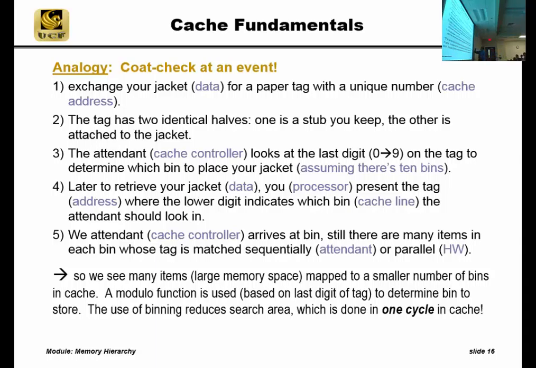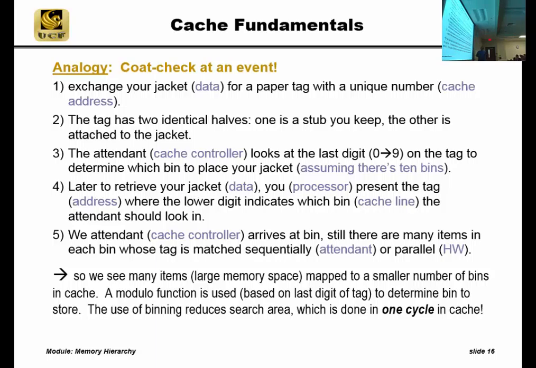Well, one way to do this is use this last digit to tell which bin to put the jacket in. So this means bin number 5. This is just an analogy, but actually this is how the memory works. Look in bin number 5, where to store this in the cache, okay? And then they'll tell me where to retrieve it.